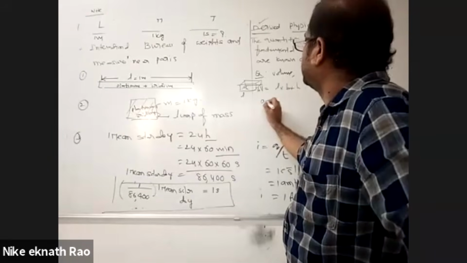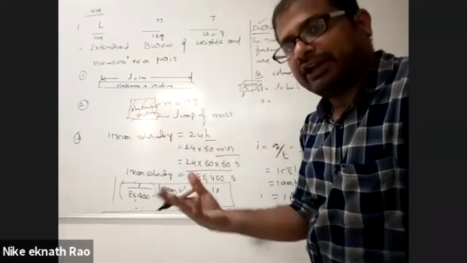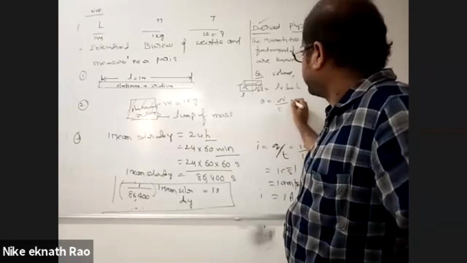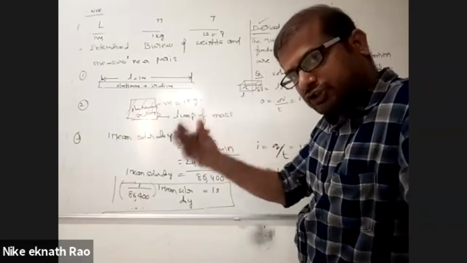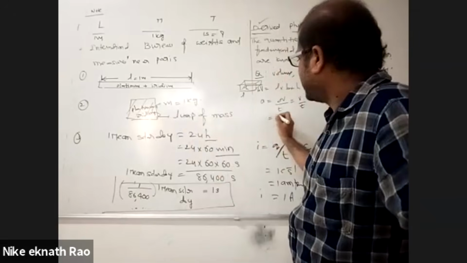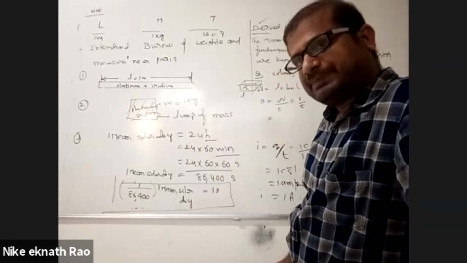Take the next example, acceleration. I will define it again in kinematics, but just tell me what knowledge you have. Acceleration is change in velocity by time, or if the initial velocity is 0, v minus 0 by t, so v by t. What is velocity? Displacement by time.